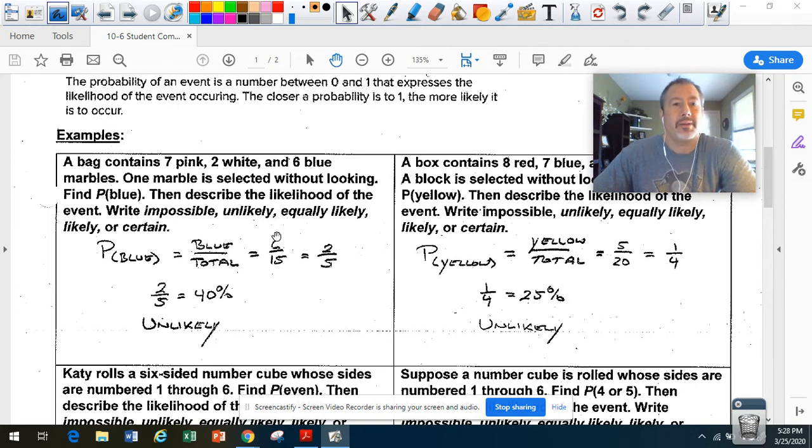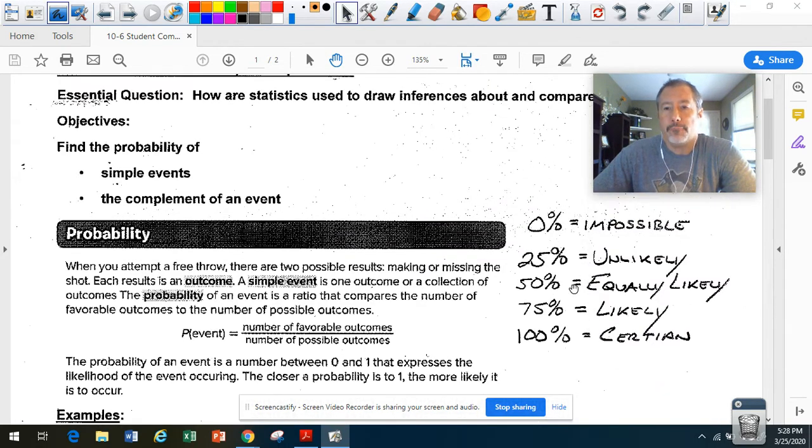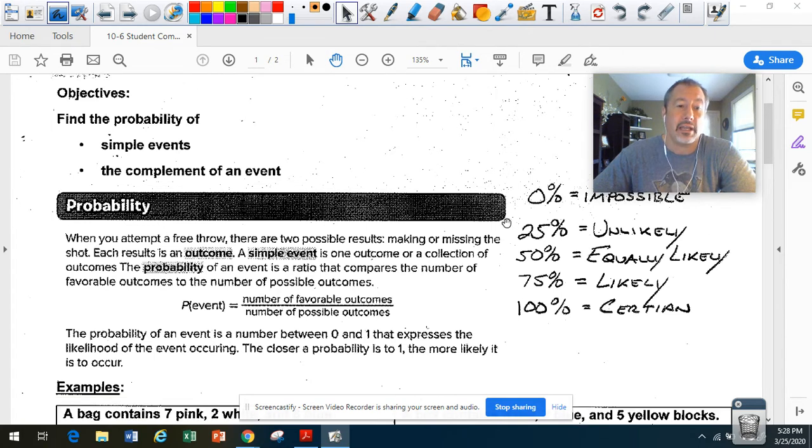So it's going to be 6 over 15. If we reduce that, that's 2 over 5. Now use your calculator, get that out, and go 2 divided by 5, which is 40%. If we look back up here, 40%, yeah, we're close to equally likely, but not quite yet. So we would consider that to be unlikely, the unlikely chance that we are going to get a blue.